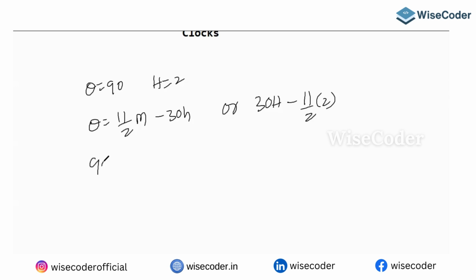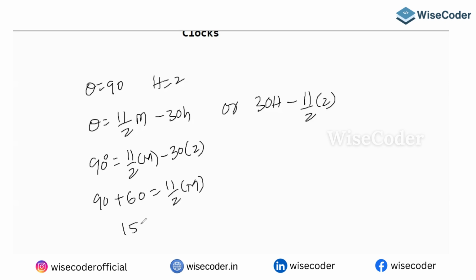So let's try to solve this. 90 is equal to 11 by 2 m minus 30 h, with h as 2. So 90 plus 3 twos are 60, so plus 60 will come here, that is 11 by 2 m. So you can say 150 is equal to 11 by 2 m.